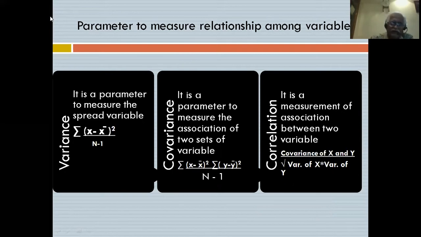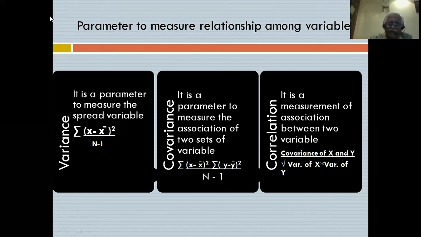In our last lectures, we defined the variance as the sum of x minus x bar whole squared, divided by n minus 1. The sum of squares divided by n minus 1 if it is a small sample; if it is very big, it is n.